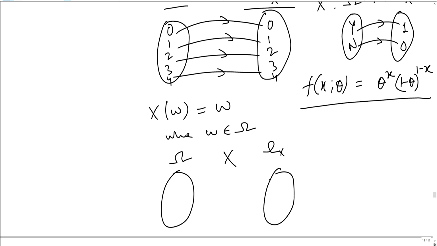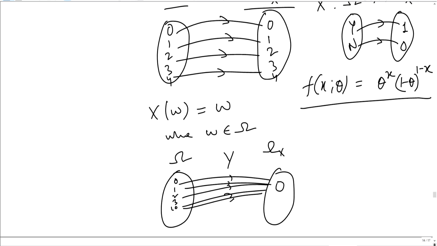Such that, let us say, random variable y, to make a distinction I will call it y. If values are 0, 1, 2, 3 up to 10, it will map all of them to a value 0, and if it is greater than 10, all these values will be mapped to 1.